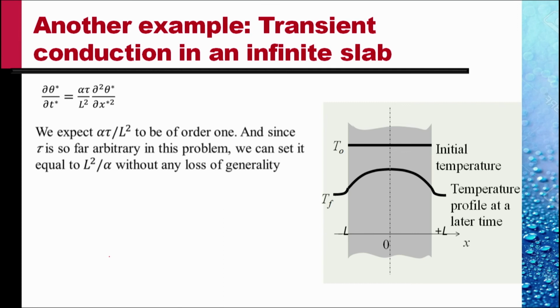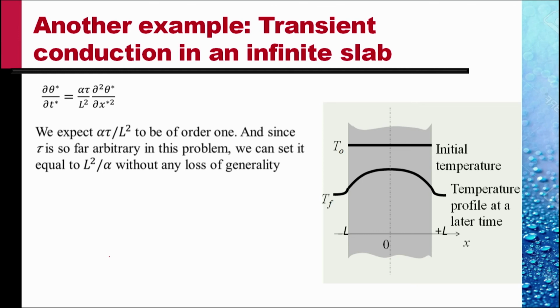Further, let's talk about tau, as yet undefined. In this problem of unsteady conduction, both sides of the governing equation in the normalized form should be significant. Since we have normalized our variables, we expect the derivatives, del theta star by del t star, as well as del squared theta star by del x star squared, to be of order 1.